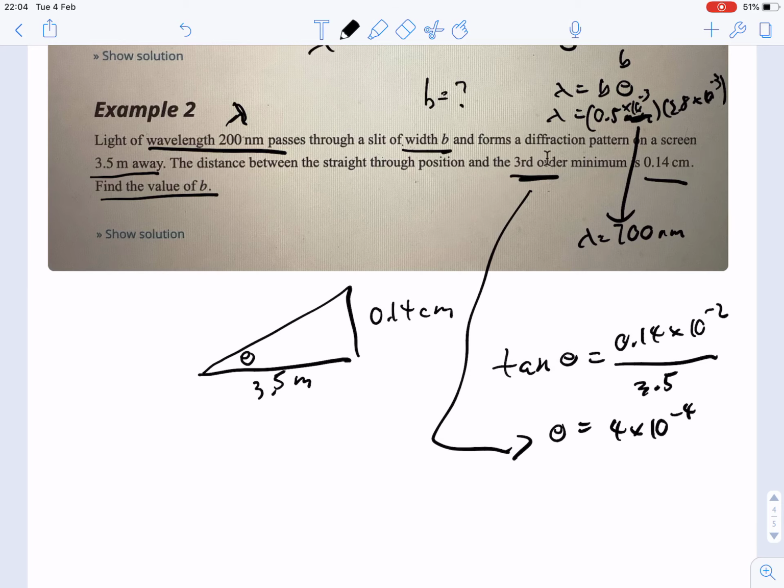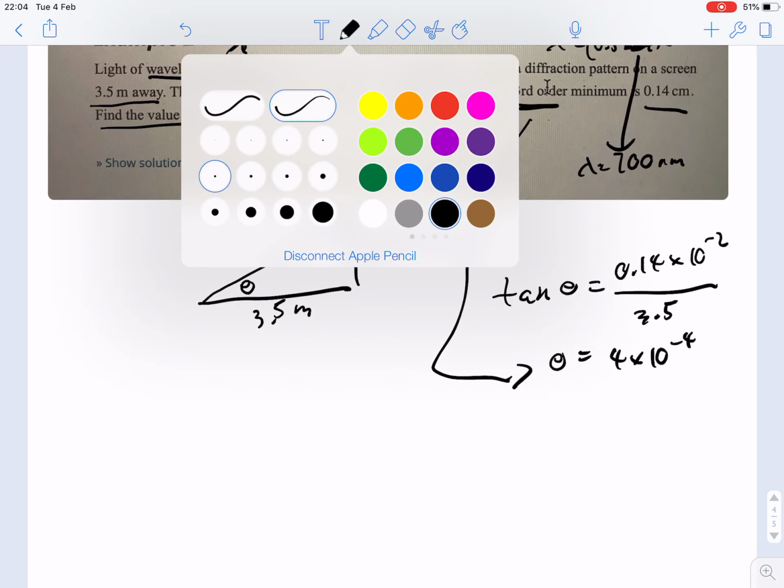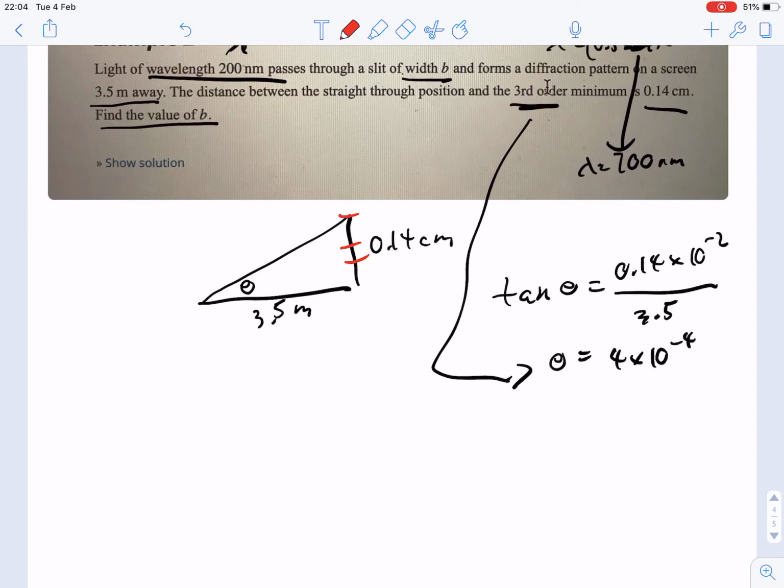This is 3 angles too big, so we need to divide by 3, chopping that up into 3 sections. That is going to be 1.3 repeating. So the actual angle we want is 1.3 repeating times 10 to the power of negative 4.